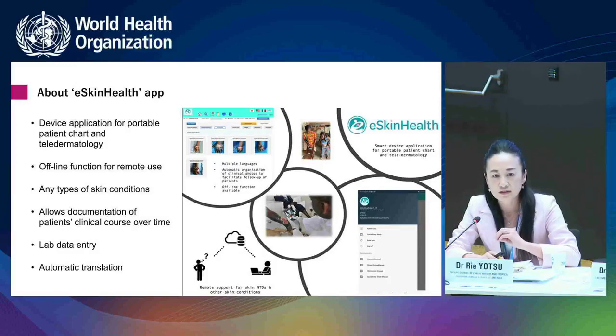So this is a two-way application that you can communicate also. So that's the difference between the previous app that has been introduced by the WHO and the NLR. It also has the offline function for remote use, addressing the poor internet connectivity of these remote places, and also it can be used for any skin conditions.